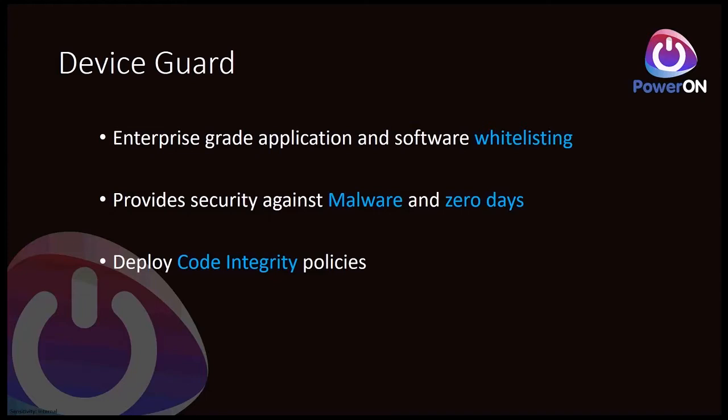And then you can use AppLocker, which Device Guard uses to allow you to define a whitelist of apps that are allowed to run on your system. So this blocks any app that is not digitally signed by Microsoft or your organization. Apps must be whitelisted and digitally signed.